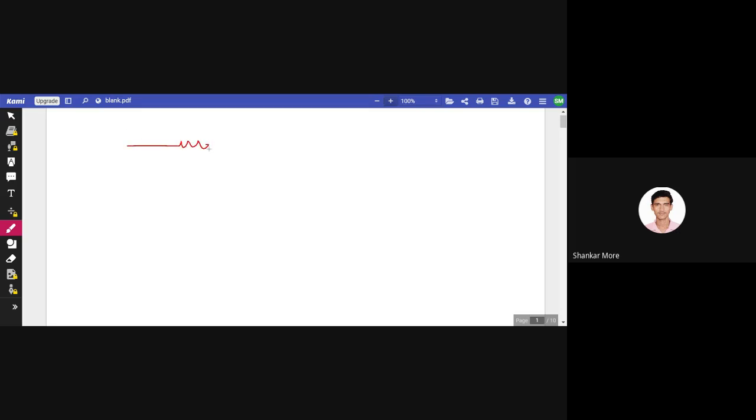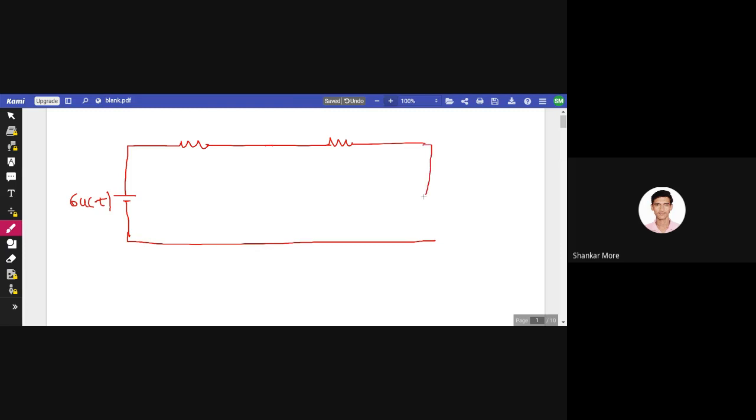So a 6 ohm resistance is there. Then we have another 6 ohm resistance. Here we have one voltage source, that is 6 into u of minus t. Lastly we have a voltage source V, which is 18 volts. This is 6 ohm, 6 ohm.